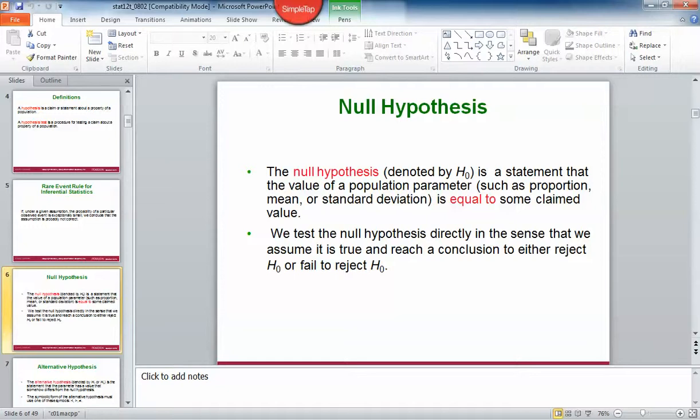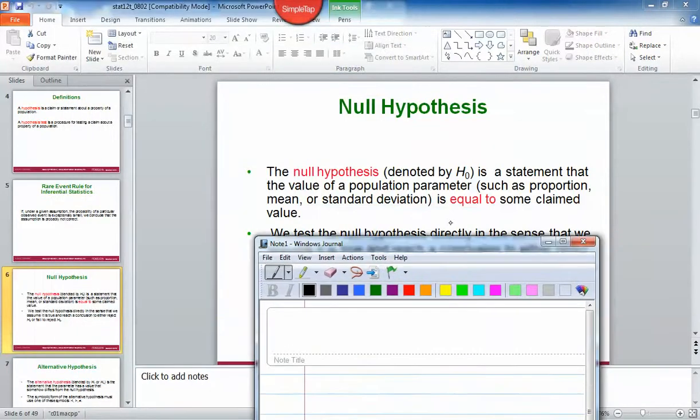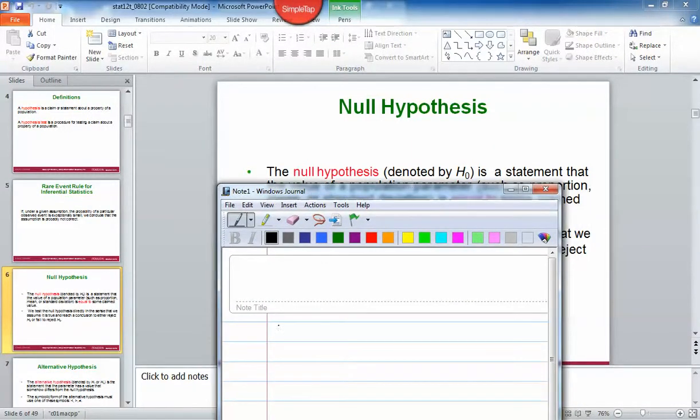Starting with the null hypothesis, that's definitely the most important term that I've mentioned so far. We denote the null hypothesis H sub O. So anytime you see H sub O, we're talking about the null hypothesis.